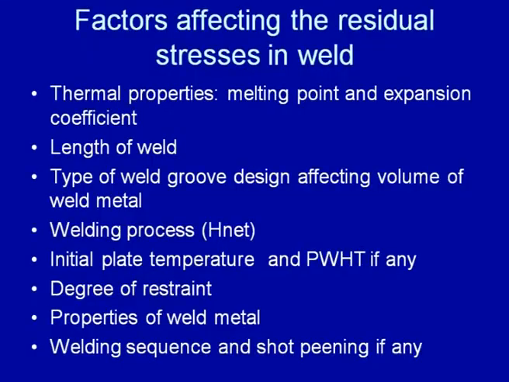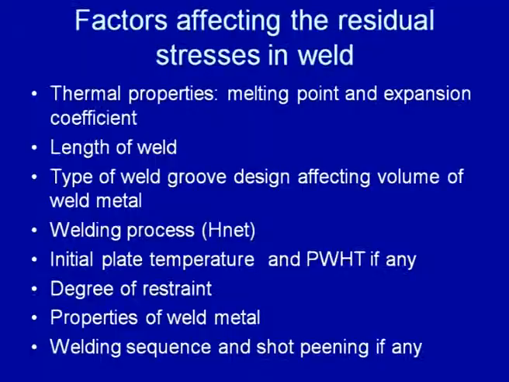To understand that, we need to see the thermal properties. We know that the residual stress magnitude is primarily governed by the thermal properties of the material, like the melting point and the expansion coefficient. The locked-in strain is a function of the length of the weld being made, the expansion coefficient and the delta T, that is the melting point minus the ambient temperature or the initial plate temperature.